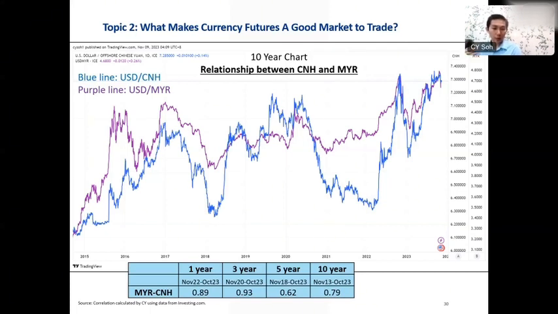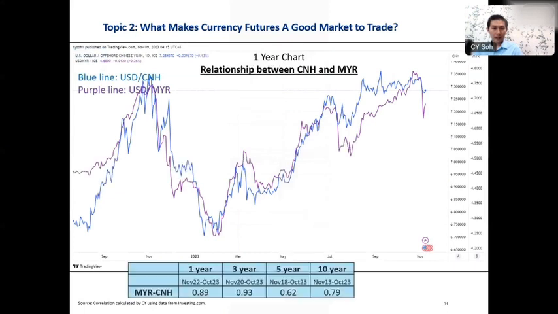So Malaysia ringgit and CNH are highly correlated, which is why FCNH can be considered quite a good proxy futures instrument for you to hedge against a weaker ringgit. And of course, if we look at the near term, especially the near 12 months, both CNH and Malaysia ringgit have a very high correlation.